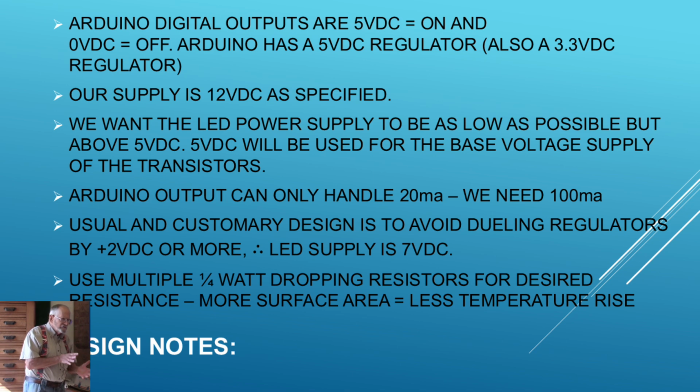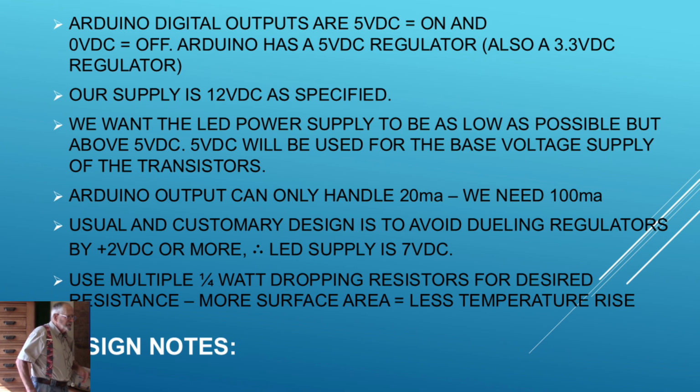So 2 volts is about as close as you can get one regulator to another, because there's usually a pass transistor or some sort of switching device inside, and it has a 0.2, 0.3 volt drop across it. So you don't want to get into a hurt state. The Arduino outputs also only have a 20 milliamp max.